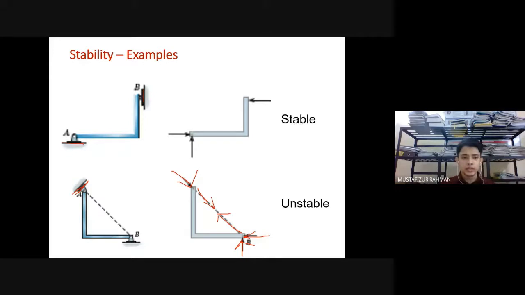It may allow the structure to move in this direction. But in this case, the forces are applied here and the reactions are applied here. The applied forces and reactions are not parallel. Therefore, this one is stable.